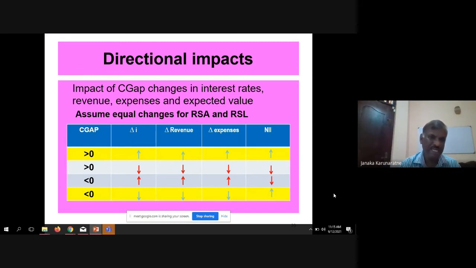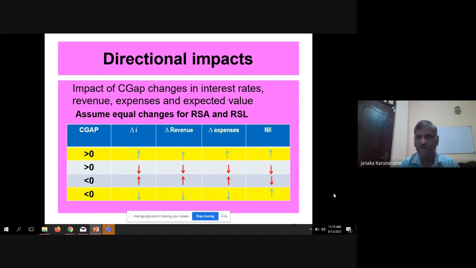So this is basically what will happen to a bank's net interest income whenever you have positive or negative gap and possible interest rate increase or decrease, right?